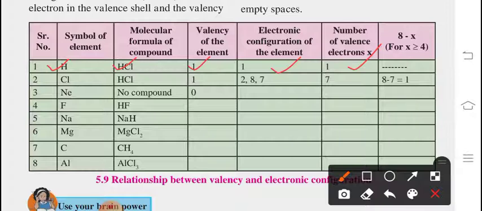Very first is the symbol H, hydrogen, molecular formula of compound HCl, valency of the element 1. How does the valency come to 1? Hydrogen has 1, and what is the number of electrons in chlorine?